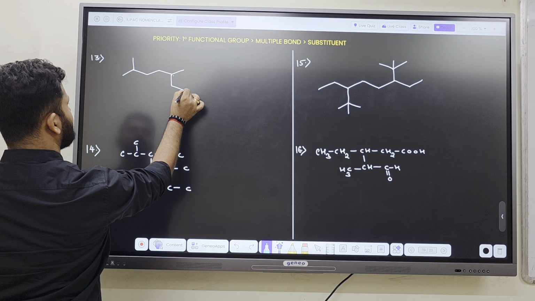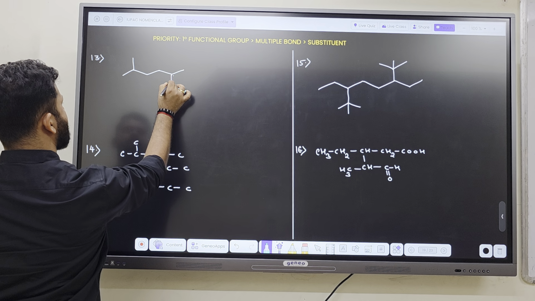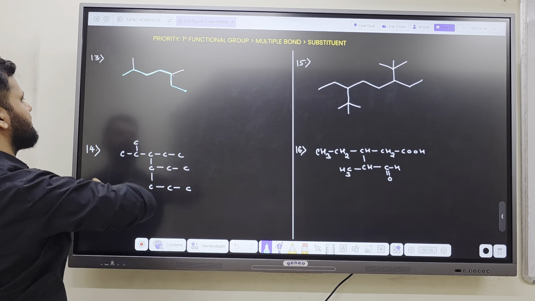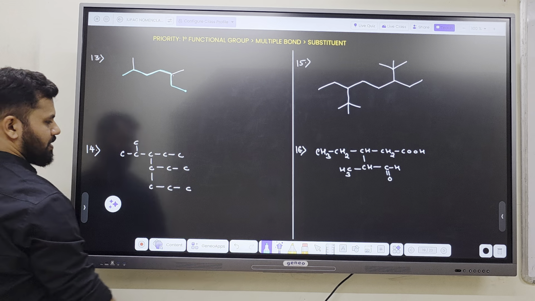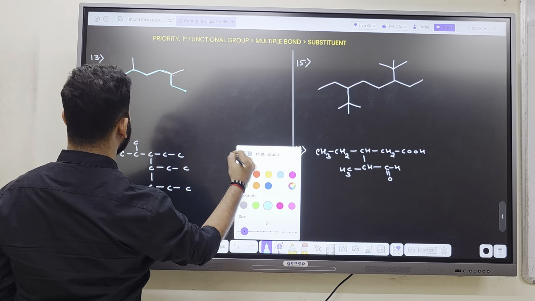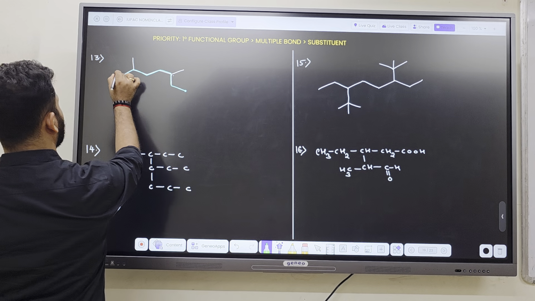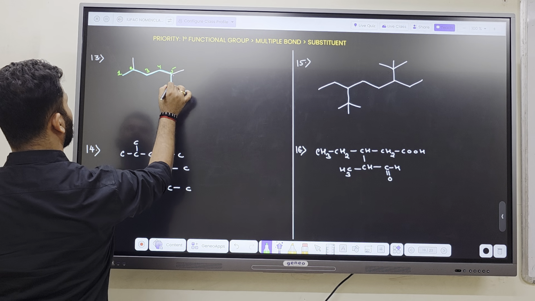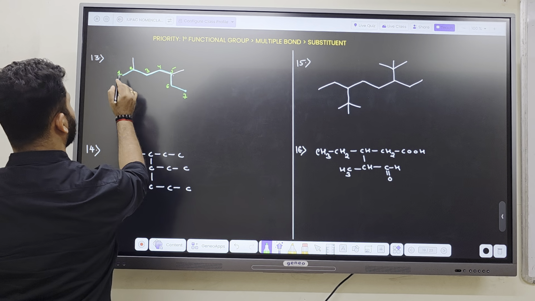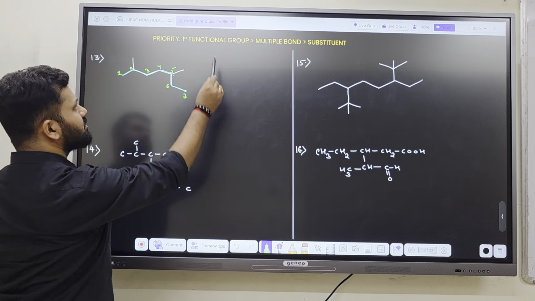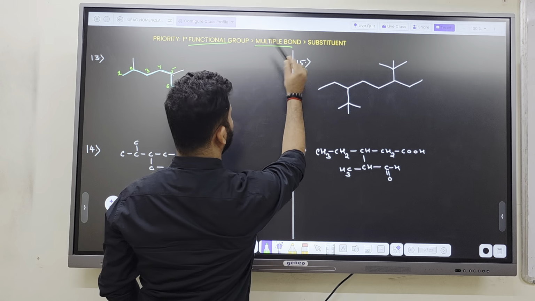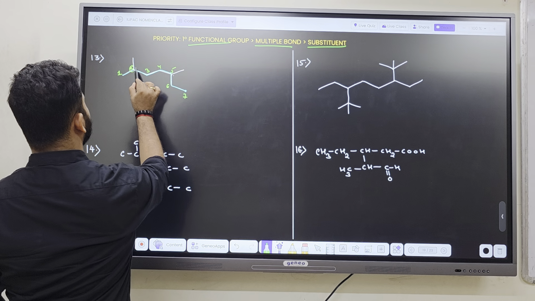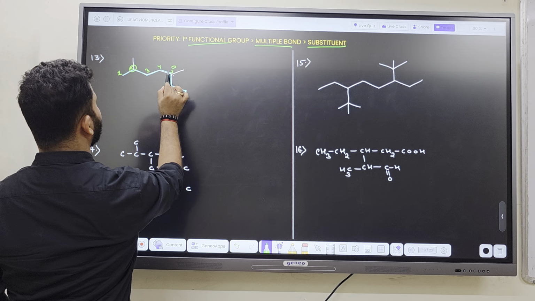Let us check this one. This is my PCC. If I start numbering from left to right, 1, 2, 3, 4, 5, 6, 7. Set of locants. See here. Sir, functional group not present. Sir, multiple bond not present. Therefore, I shall check substituent. At second position and at fifth position.